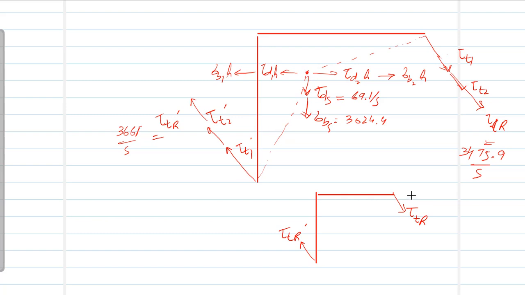So this is tau ds, this is sigma bs, this is tau d2h, this is sigma b2h, this is tau d1h, this is sigma b1h, and similarly here.